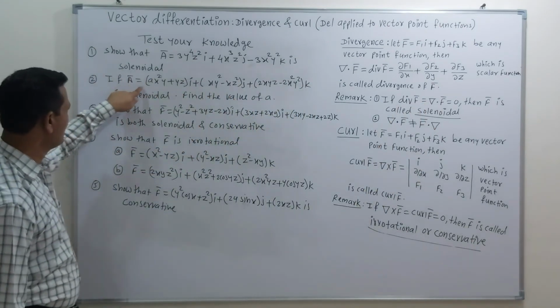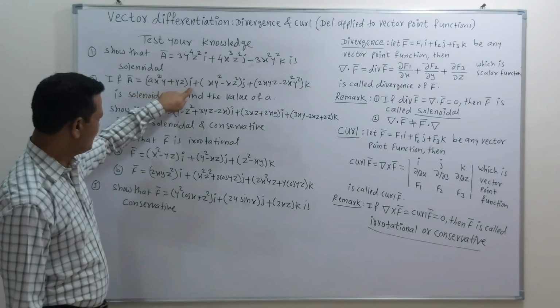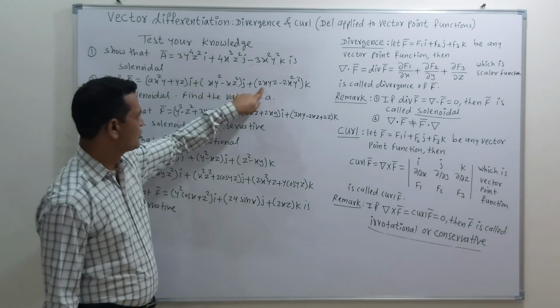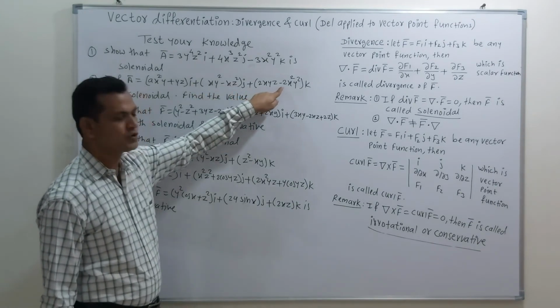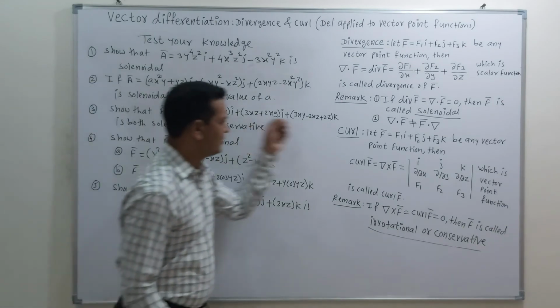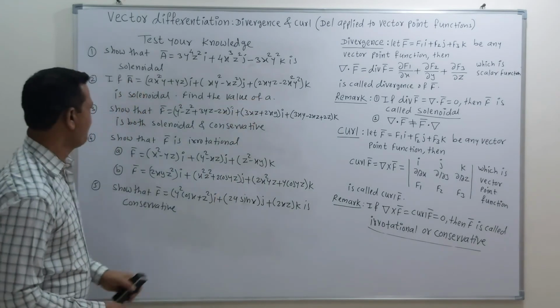Now next is a bar is equal to ax square y plus yz into i plus xy square minus xz square j plus 2xyz minus 2x square y square k is solenoidal. That means we have to show that this dot product is equal to 0 and find the value of constant a.